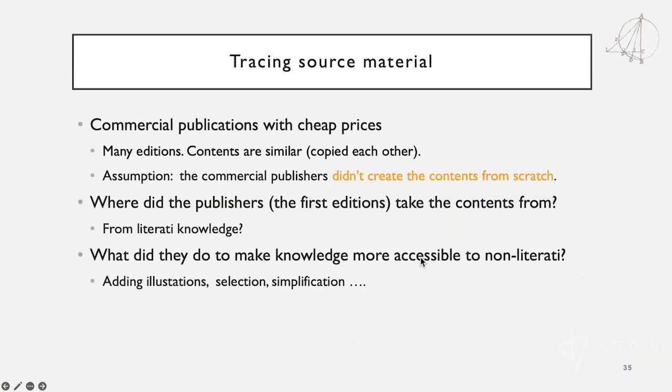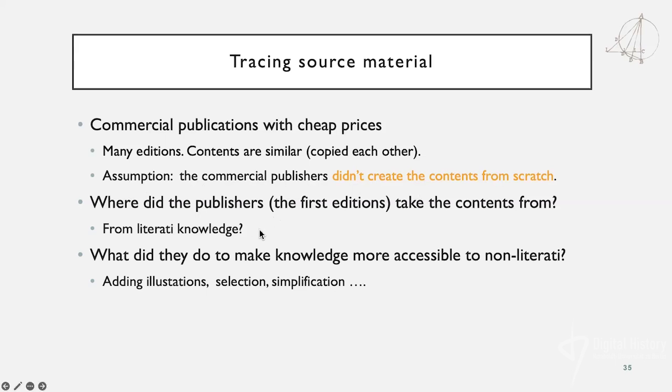So our question for the working group is, we want to trace the source material to understand where the commercial publishers got their content from. And we have a very strong assumption that because the commercial publishers sold these books at a relatively cheap price, they probably wouldn't create the content by themselves. So in other words, they must have taken it from somewhere else and then maybe done very quick editing, removing something, adding something to form this genre.